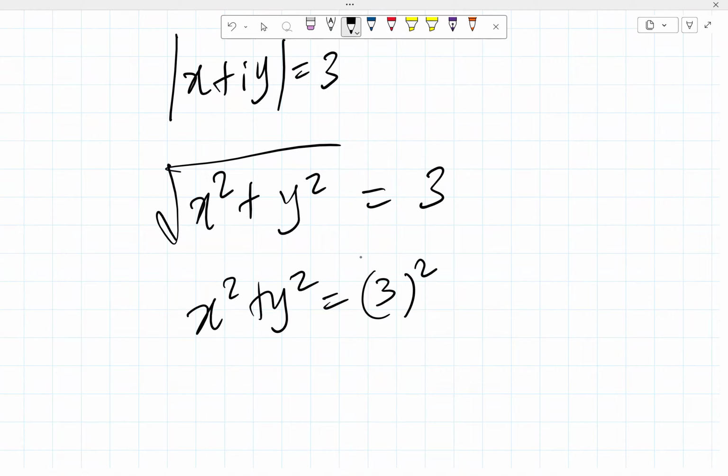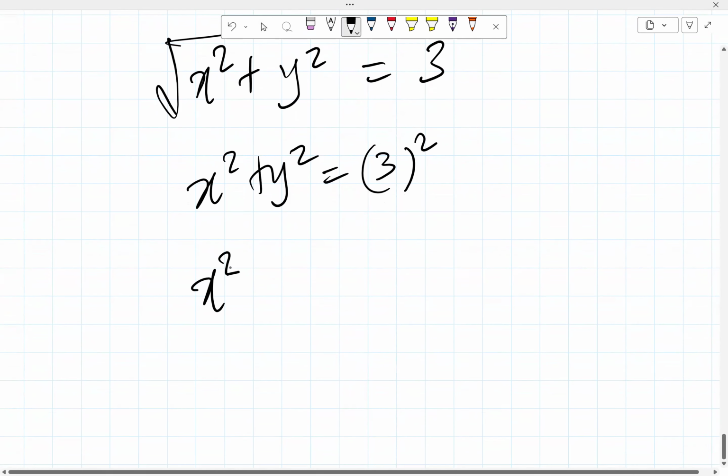Squaring takes the square root away, and then we have x squared plus y squared equals 9.